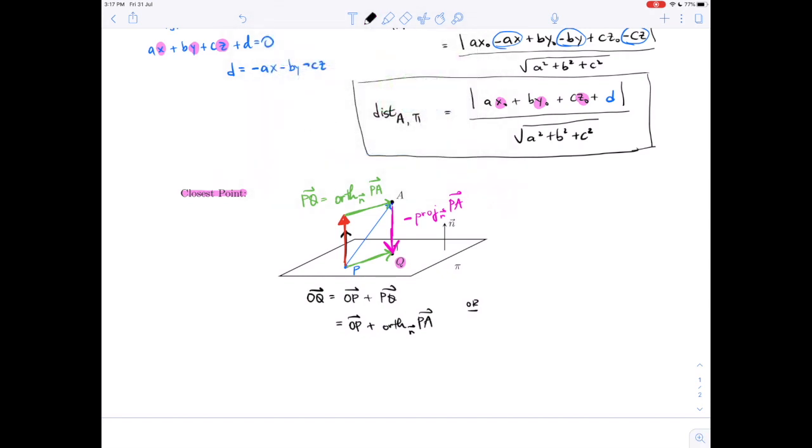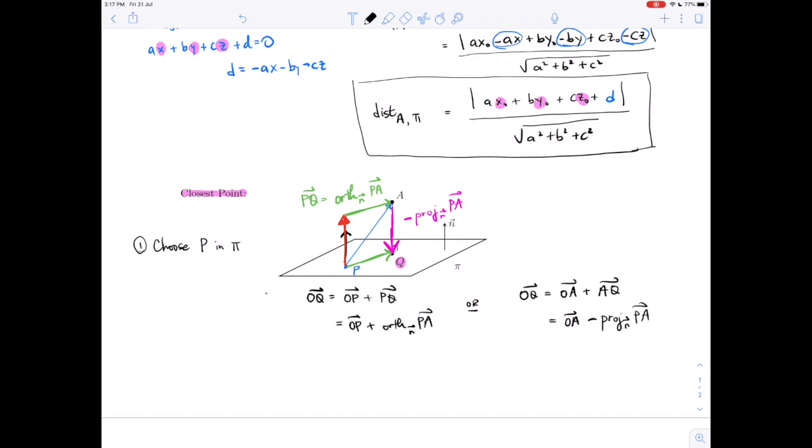So another way of doing this is, well, I can say OQ is OA plus AQ, and AQ is minus the projection of PA onto N. So that gives us a little procedure, right? The first thing that you need to do is choose a point P in pi, any point P in pi.